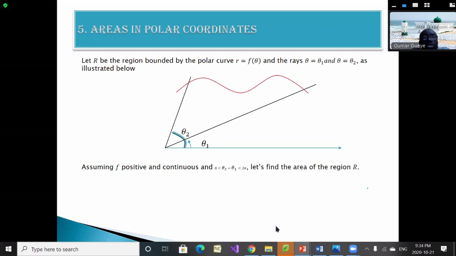All right, so next we'll see how to calculate the area bounded by a polar curve. So here, you guys have this red curve, which is a polar curve defined by this equation, r equal to f of theta. So here is the equation of my polar curve.